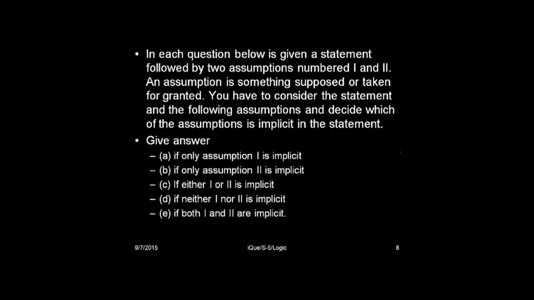The answer key is mark A if only the first assumption is implicit, mark B if only the second assumption is implicit, mark C if either the first or the second assumption is implicit, mark D if neither 1 nor 2 is implicit, and mark E if both the first and the second assumptions are implicit.